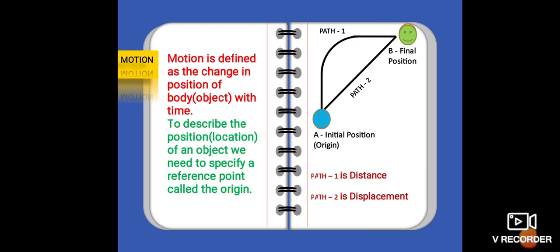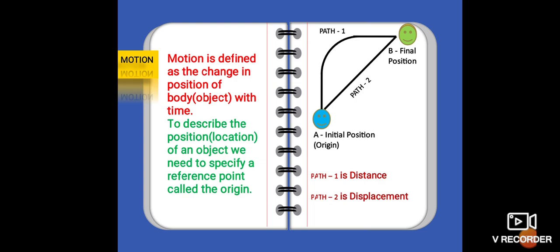फर्स्ट स्माइली के लिए अगर हम बात करते हैं तो path 1 is the distance, बट path 2 उसके लिए डिस्प्लेसमेंट होगा, because path 2 is the shortest distance between A and B, and according to definition path 2 is the displacement for the first smiley.